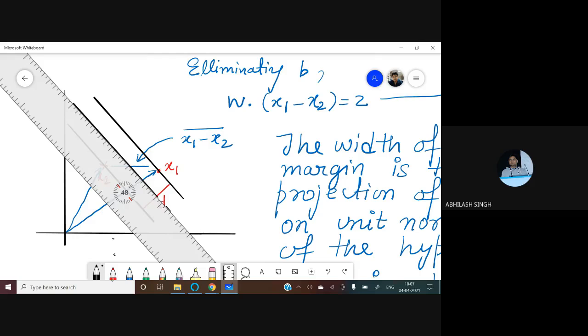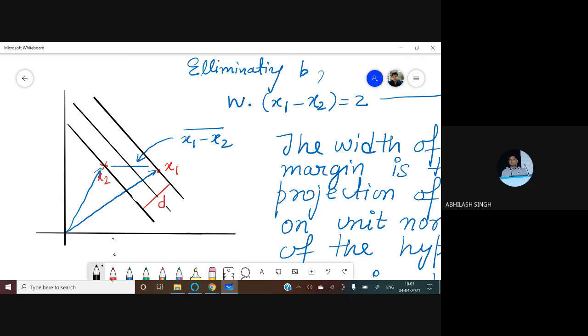And this will be your W vector. So you can see these two are the decision boundaries, and this is the hyperplane.